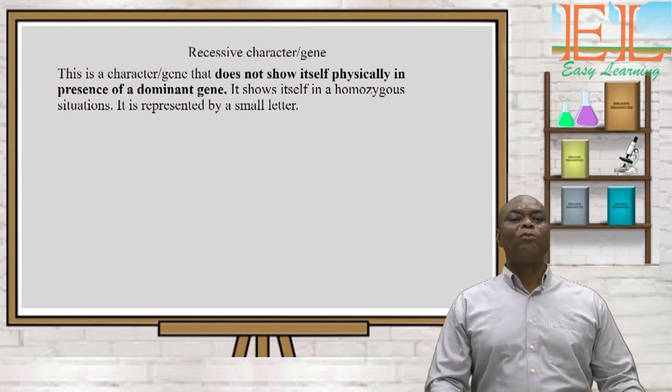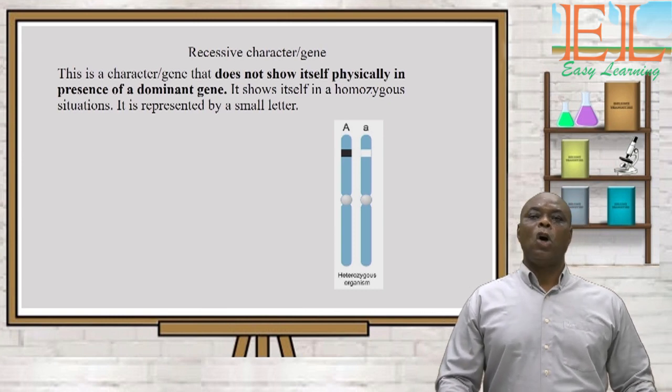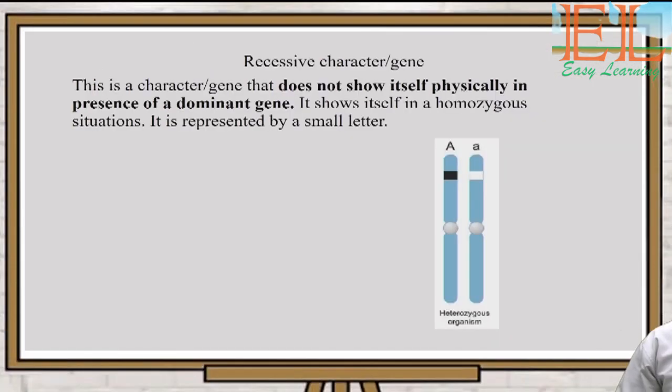Now again, let's come to our blue chromosomes. On them again, we have the black strip and the white strip, where the black represents tallness and the white represents shortness. In this case, the tallness shows, but the shortness will not show.